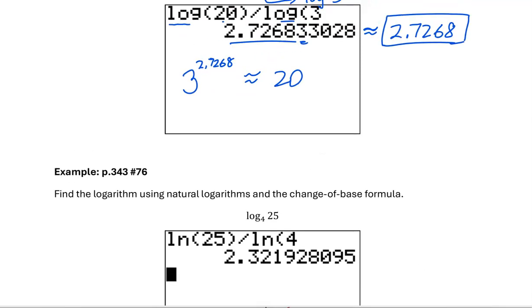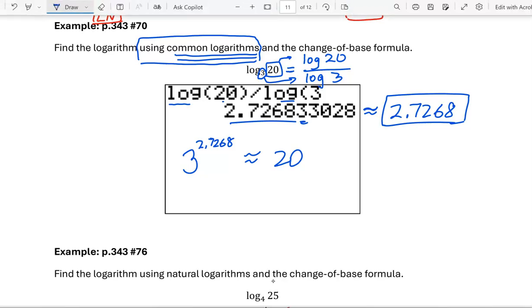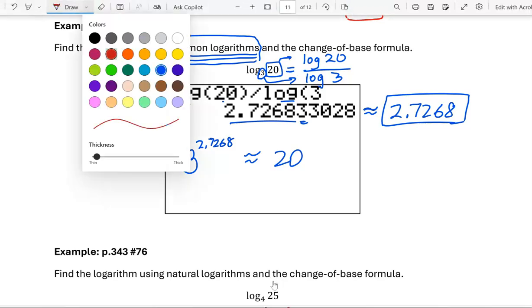Oh, speaking of that, real quick before I move on to the next problem. Because it says to use common logs, I do want to see on your paper this right here.